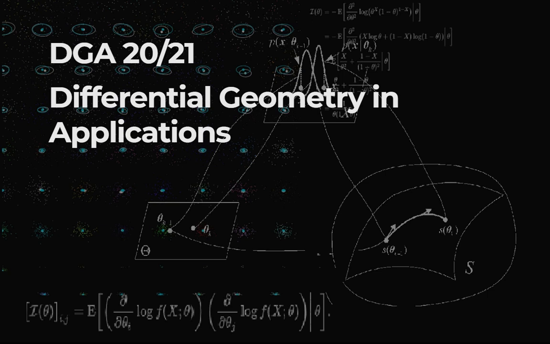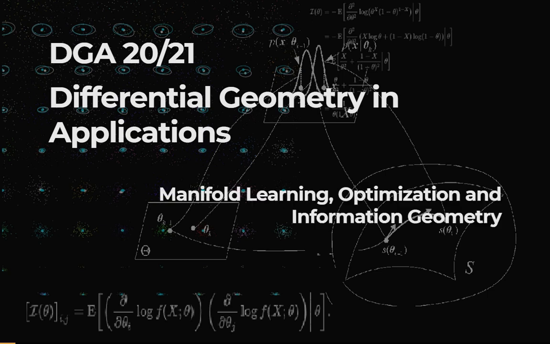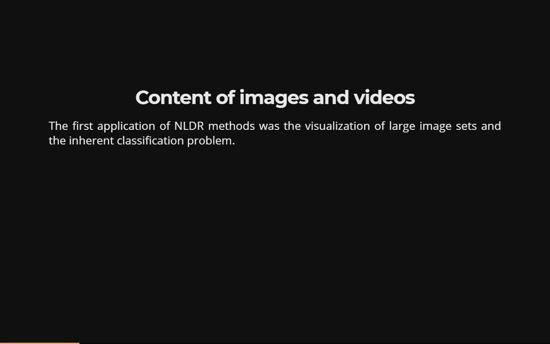Now, we usually want to employ these algorithms in a manifold learning workflow. So, for example, in classifying the content of images and videos, which was the first ever application of these algorithms.